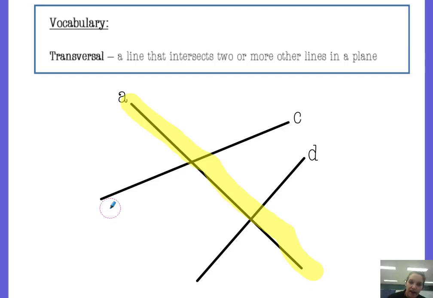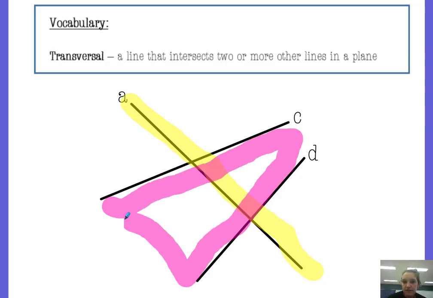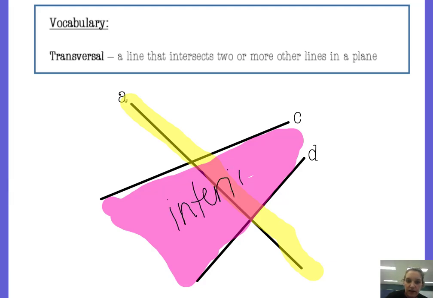So think of those 2 lines as like a pipe or like a tube. So all of this space would be considered the interior, that it's in between those 2 lines.